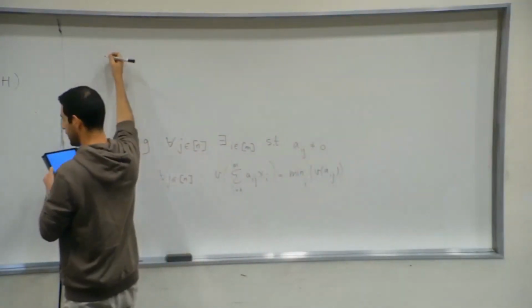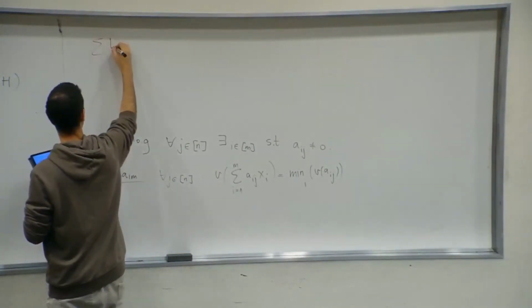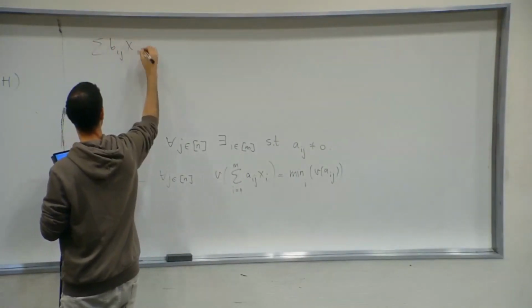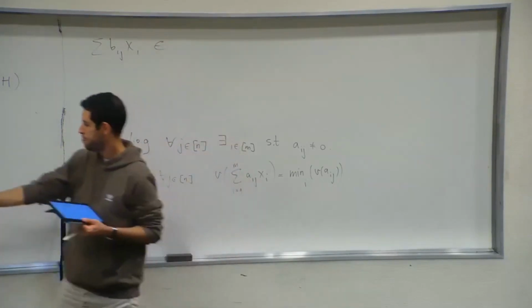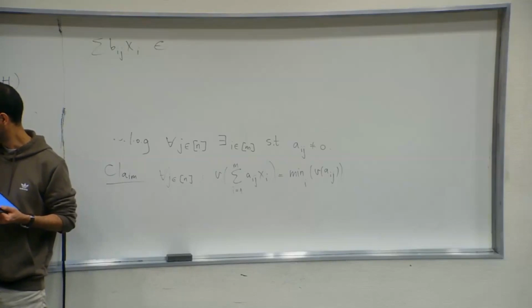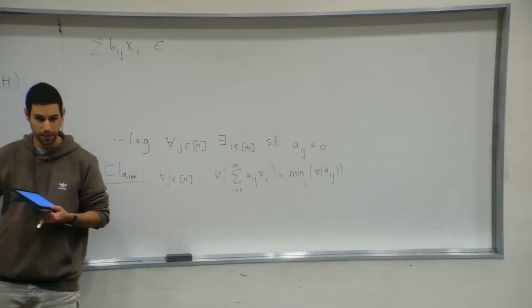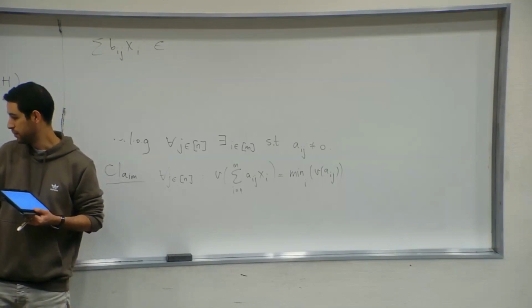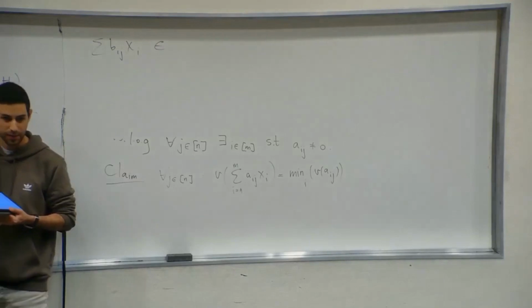So it follows that this sum is not zero, because it's a non-trivial linear combination of these elements, which are linearly independent over E bar. If this was zero, then all the coefficients bij would have to be zero, but bkj is not zero.